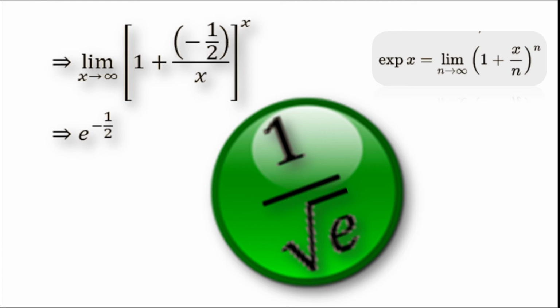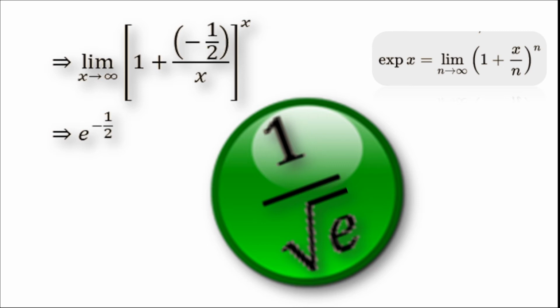So now we have written that equation as the limit x goes to infinity of (1 + (-1/2)/x)^x. If you remember the definition of the exponential function due to Euler, who introduced this nice definition, exp(x), that means e to the power x, is given by the limit n goes to infinity of (1 + x/n)^n.